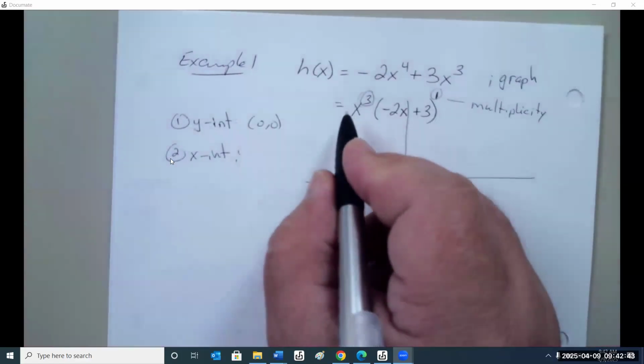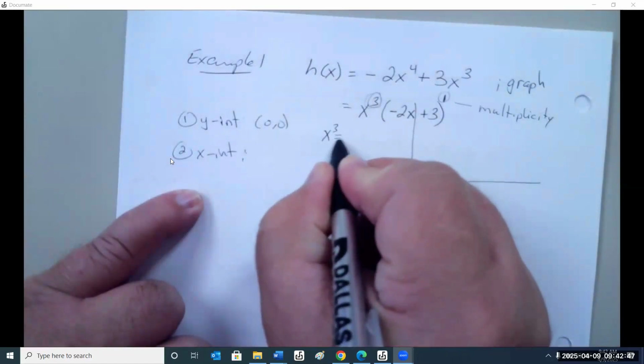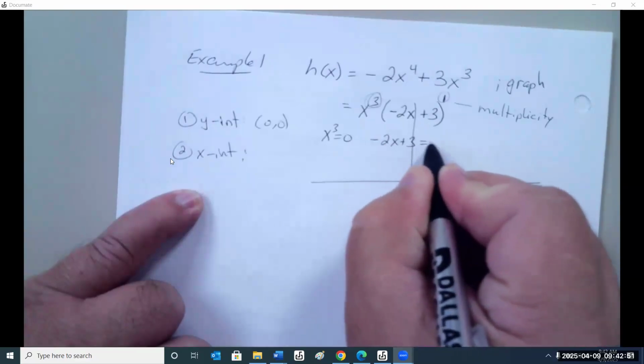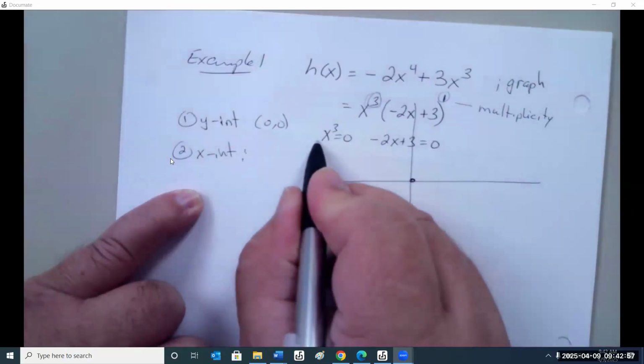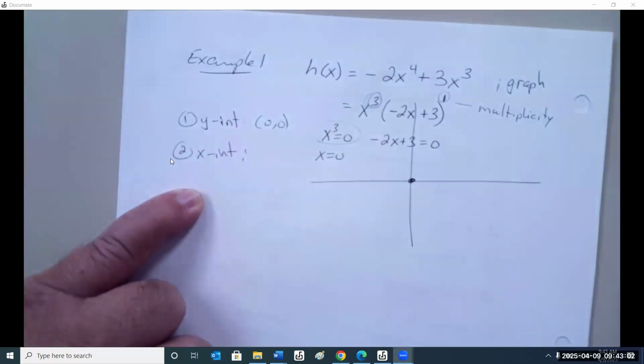Now we find our x-intercepts by taking these factors and setting them equal to 0. So our first one, x is equal to 0. Check, got that there.